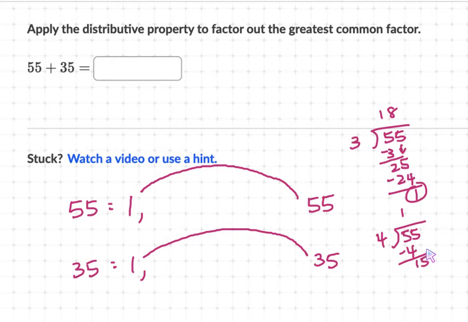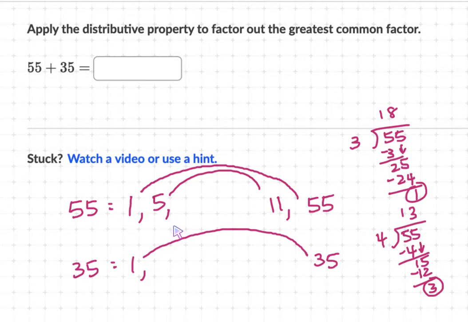I end up with 15, and 4 can't go into 15 evenly. I end up with a 3 as my remainder. 5 I know can definitely go in because 5's multiples end with 5 and 0. 5 times 11 will get us 55, so those match up.